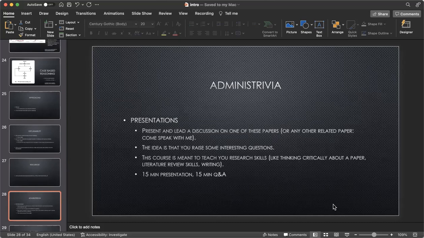The idea is that you will raise some interesting questions. This course is meant to teach you research skills: thinking critically about a paper, which is really hard, like picking up somebody's writing and trying to understand what's in their head, literature review skills, and writing the report.